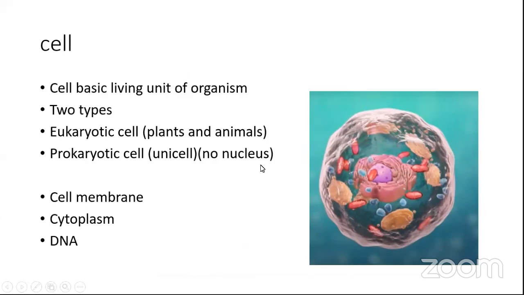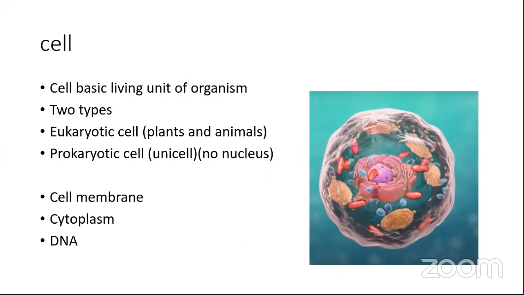there are two types. One is the eukaryotic cell, another one is the prokaryotic cell. Eukaryotic cells are found in plants and animals. Prokaryotic cells are found in bacteria and microorganisms. These are all called prokaryotic cells.